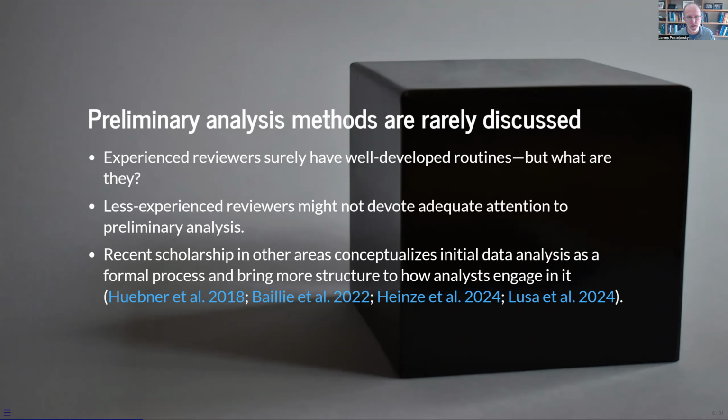I've included links here to some other work that looks at preliminary data analysis for, say, longitudinal studies or for observational studies trying to isolate causal impacts. But there's really not much written for meta-analysis, as far as I know.